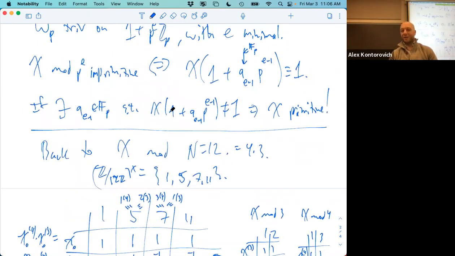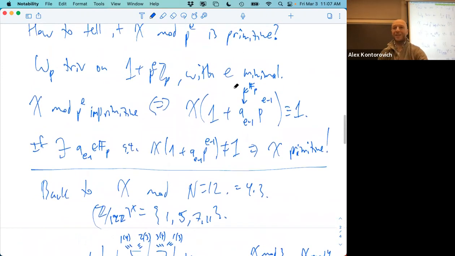We have to check the last digit, not the first digit. We check 1 plus a p to the e minus 1, as this last digit ranges. If we get 1s on all of those at the end, then chi is imprimitive. Then we didn't take the smallest e, the largest set around 1 on which chi trivializes, that is in the kernel. So for a small prime, it's a big power.